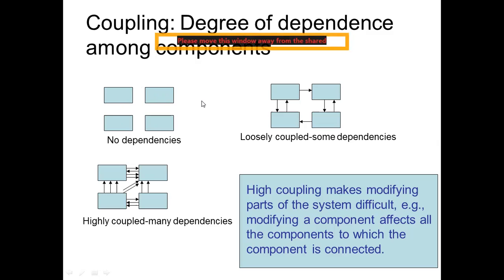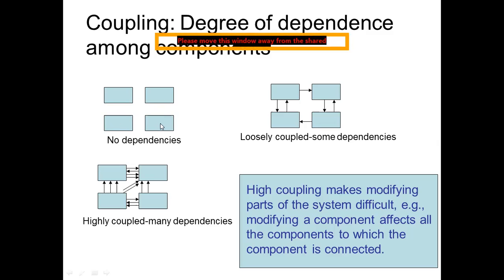Now we are checking the degree of dependence among the components. Degree of dependence means how the various components are connected to each other, so that we can calculate the strength of each component by checking the connectivity. It is a sort of networking.